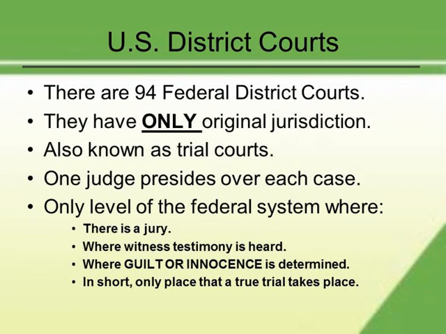So the vast majority of all trials that take place in the federal court system happen at the district court level. When I'm on trial, there is only one judge. At the district court level, there's one single judge, and that judge oversees the trial. And remember, the judge is there primarily to ensure that the defendant's due process is being protected.